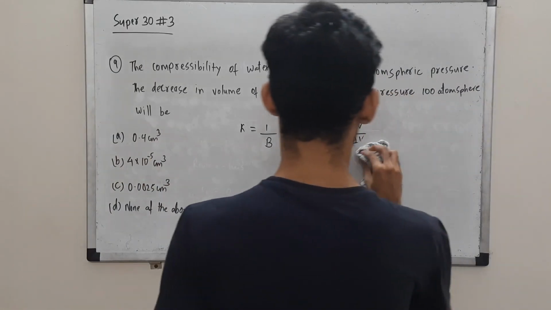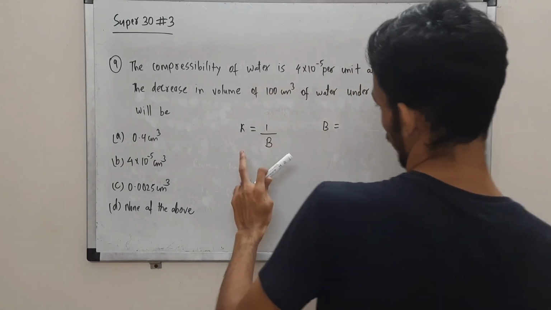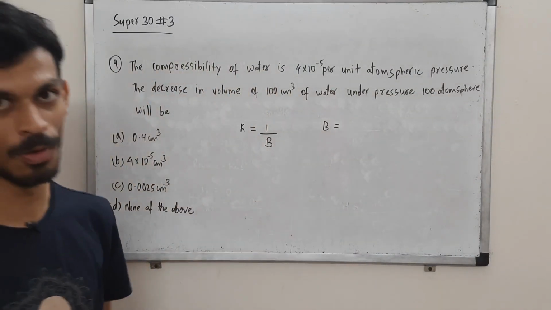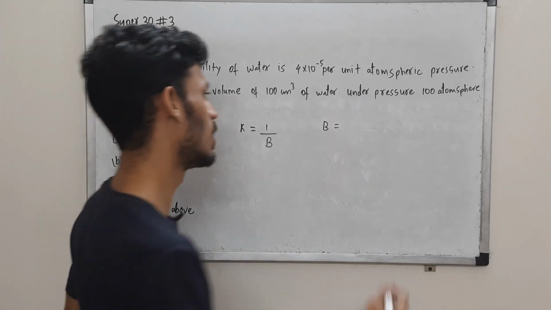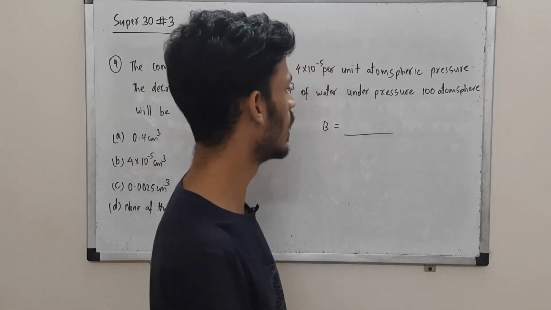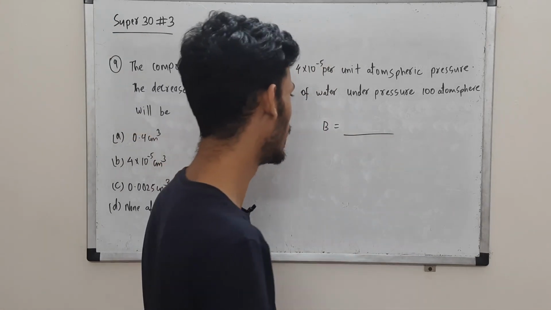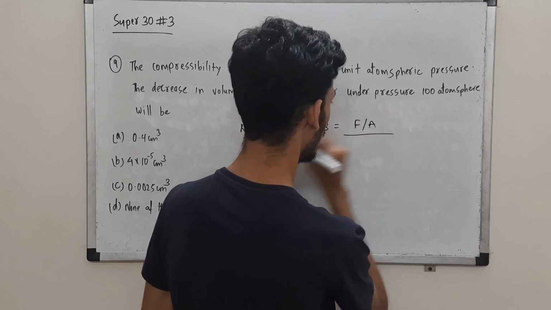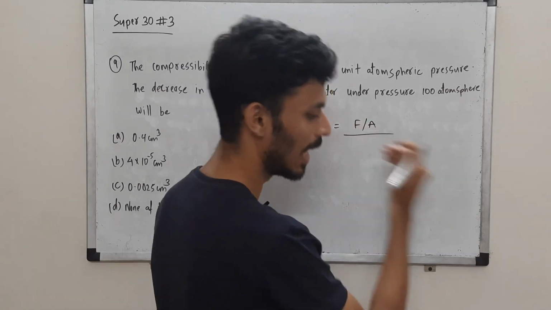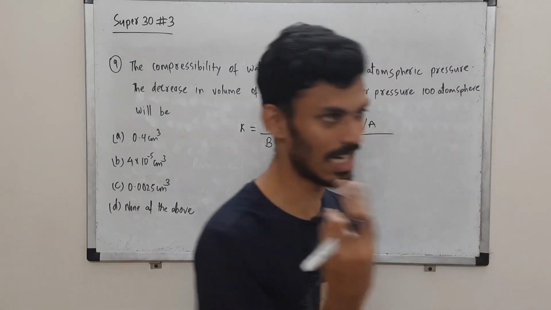Suppose you don't know anything except that the compressibility is 1 over bulk modulus. You can derive the formula for bulk modulus, any type of modulus. So this is how we begin. This is Physics for Idiots, episode 1, me being the first one. Any type of modulus is stress by strain.